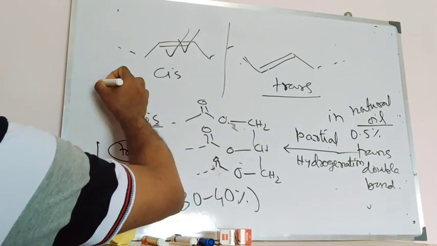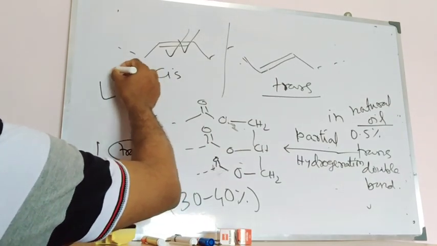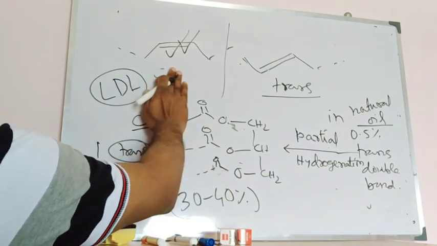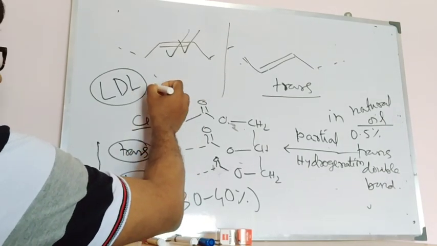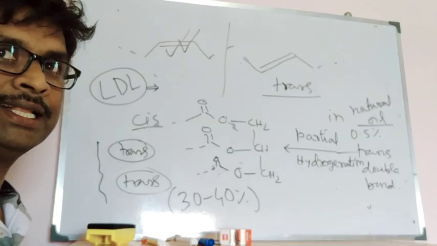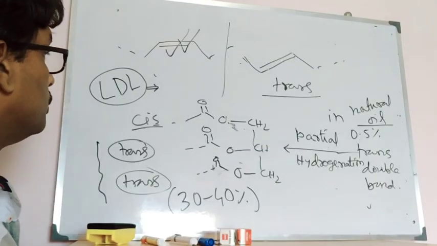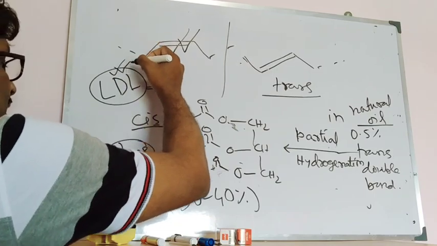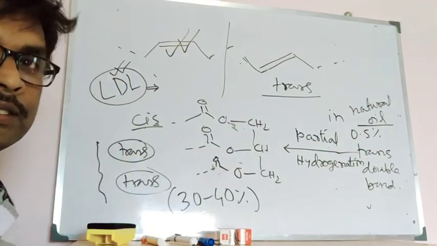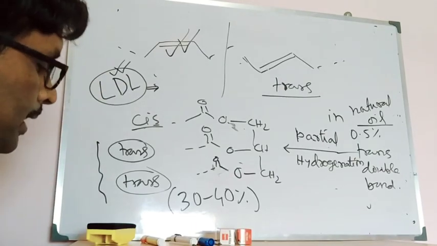If you carry out a lipid profile test, then LDL is bad for us, but HDL, that is high density lipoprotein, is very good for us. Now this LDL will be increased in the presence of this trans fatty acid in the cholesterol present in our body.